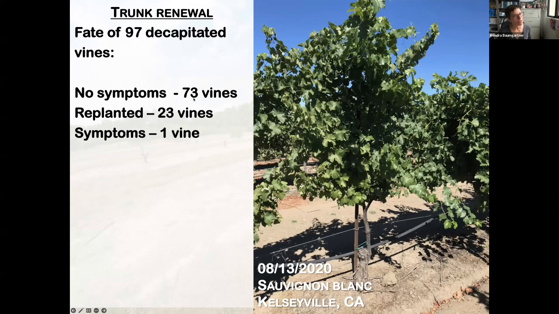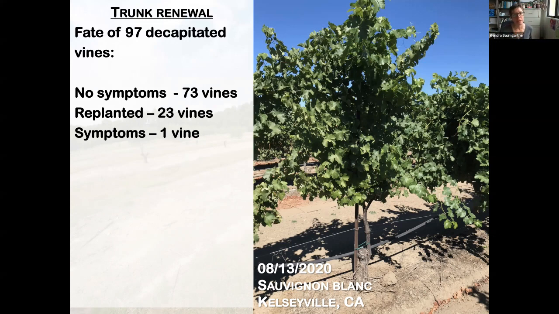So 73 of those 97 vines, we retrained into vines with no symptoms of ESCA. 23 of them had to be replanted completely. Either they died for some other reason, or a frost, for example, or the shoot never formed at the base of them. And then one of those vines does have symptoms of ESCA.